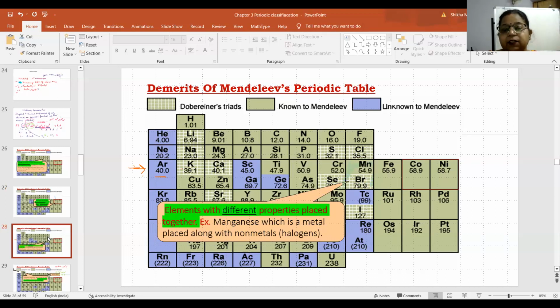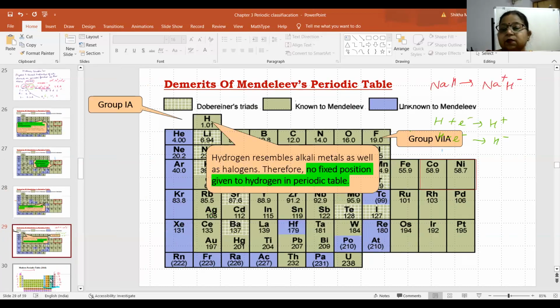Then we have another defect, that elements with different properties are placed together. As you can see, manganese and bromine have entirely different properties. Manganese is a metal and bromine is a non-metal. Manganese is a solid, bromine is a liquid at room temperature. Still, they are placed in the same block, right?